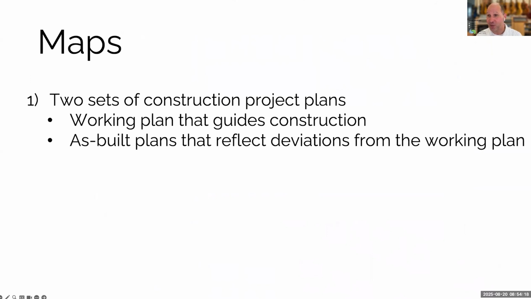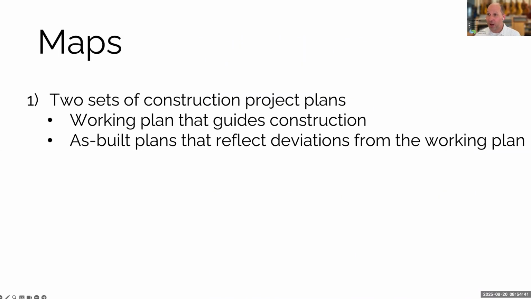When a project is being constructed, there's going to be working plans that guide the construction, and most utilities have copies of these laying around. Those represent what they planned to build. The as-builts, which will be stamped and marked as built, are the plans that actually show you what went into the ground.